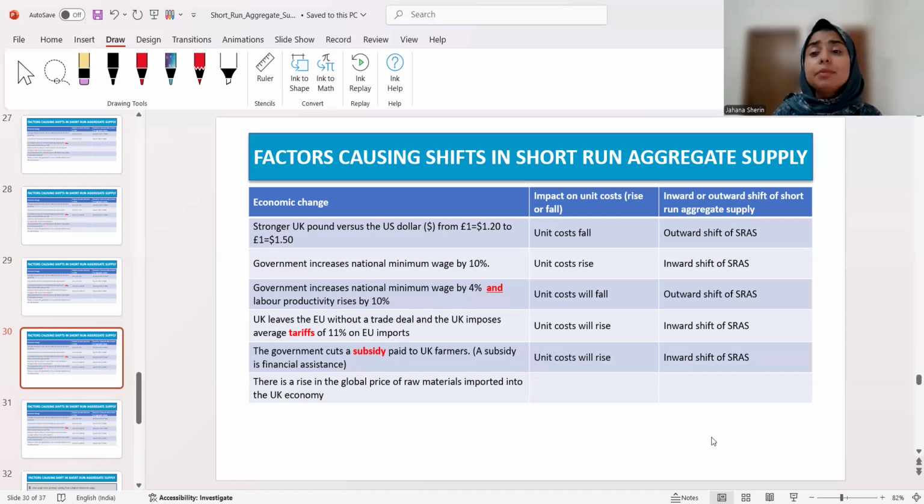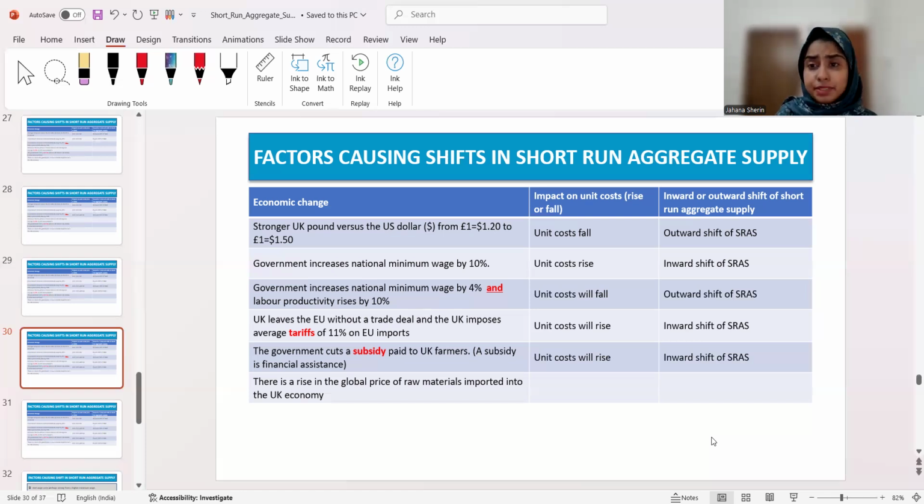So from this table, you can identify the factors which actually shift the short-run aggregate supply curve. From the first point, you can understand that exchange rate can affect the short-run aggregate supply curve. Then the government's increase in national minimum wage, that can also affect it. Then labor productivity can affect it. Then tariff can increase the cost of production, so of course it can affect the aggregate supply curve.